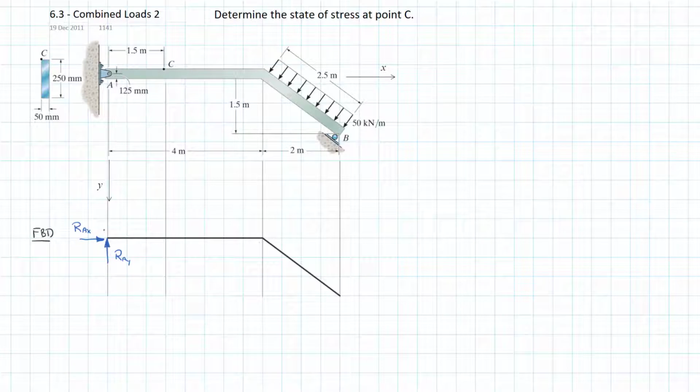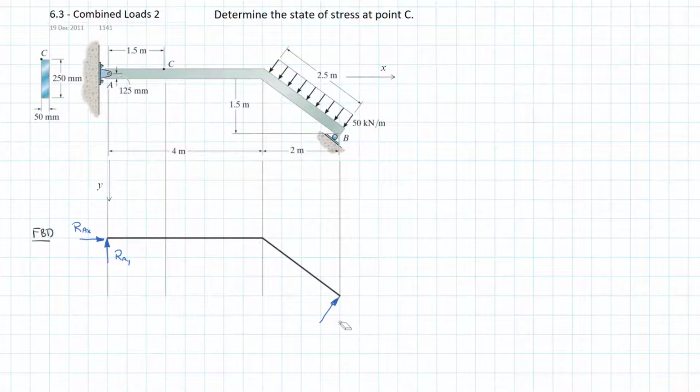At our roller support at B, we see that it is on an angle, so it is perpendicular to the cross section, or parallel to it, at that point. So we have to draw it in that direction.